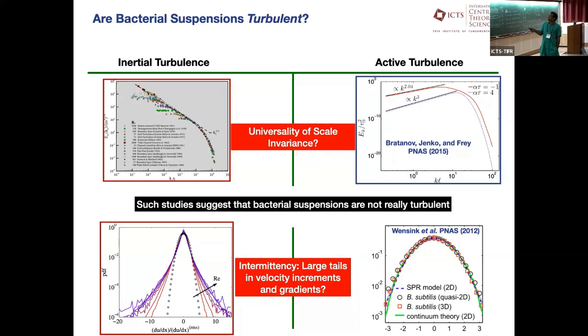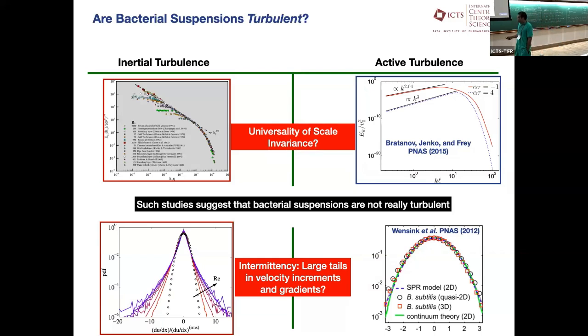Why? That's because when you start measuring the energy spectrum, depending on your level of activity, which means how much light you're shining on your bacterial suspension, how much food you're giving it, you seem to see scaling laws. There's a scale invariance, but these are for two different levels of activity, and you find very different scaling forms.